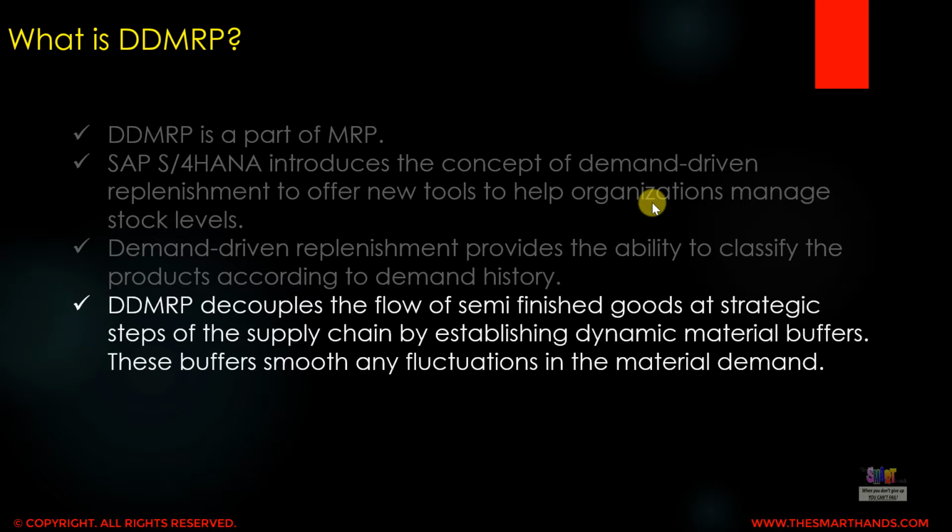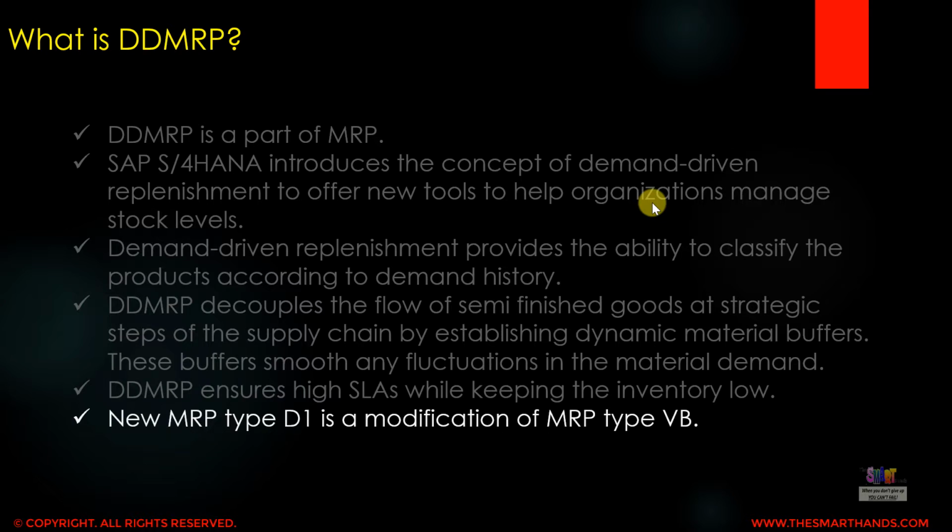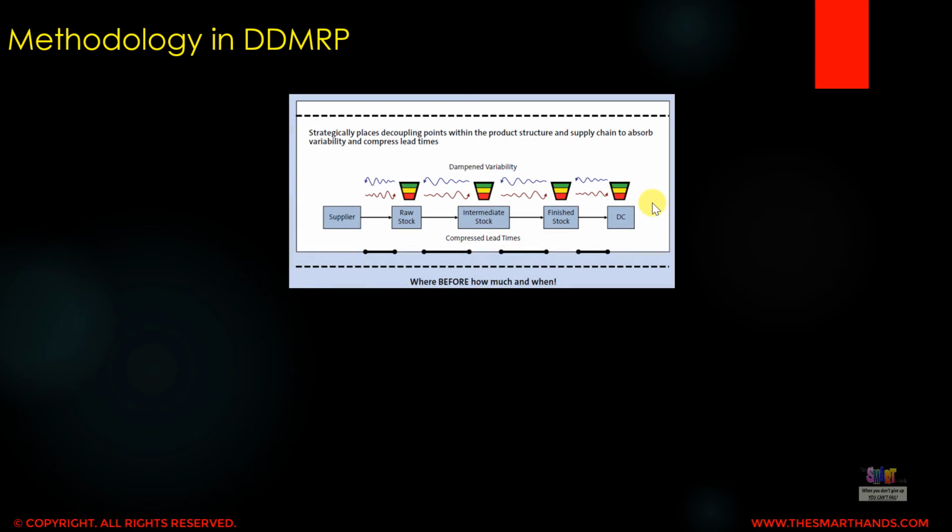DDMRP decouples the flow of semi-finished goods at strategic steps of the supply chain by stabilizing dynamic material buffers, like we have just seen in the last slide. These buffers smooth any fluctuation in material demand. DDMRP ensures high SLAs while keeping inventory low. The new MRP type D1 is a modification of the traditional MRP type VB. So that's what DDMRP is.